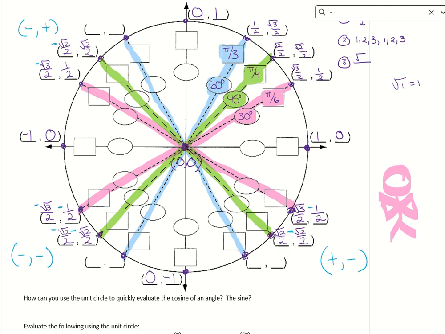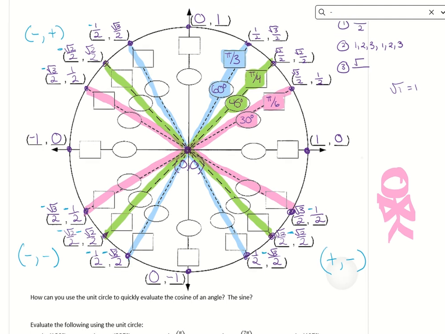So we're going to use the same coordinate there. We're going to have 1/2, root 3 over 2, 1/2, root 3 over 2, and 1/2 and root 3 over 2. And then finally, we're going to make sure our signs are correct. So here, negative x, down here, negative x and a negative y, and then down here, negative y.